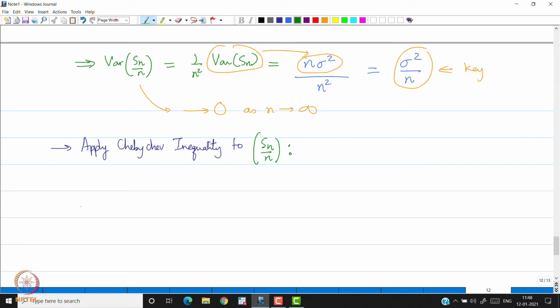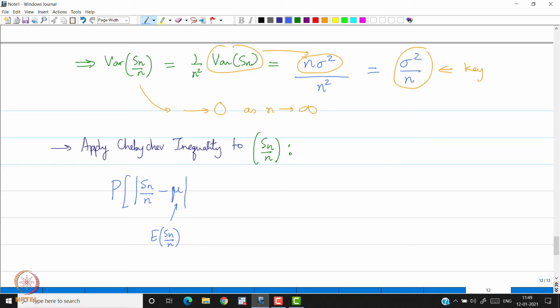What do we get? Let me write it out here. The probability that the modulus of the sample average minus mu. So this is the mean of Sn by n, this is the expected value of Sn by n, this mu.